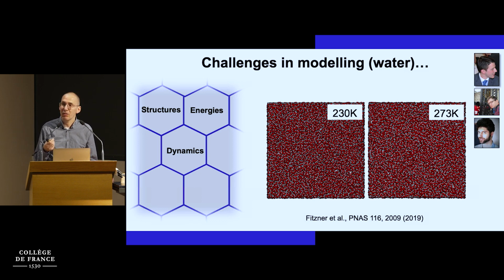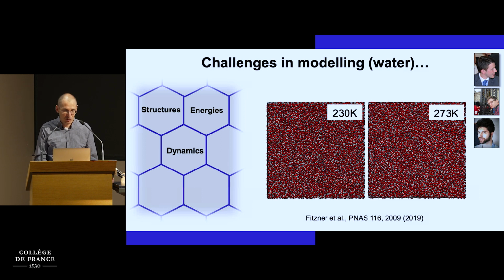One other aspect is simply in pure water. If you take liquid water and go into the supercooled regime, there is an interesting phenomenon that in the glass literature is known as dynamical heterogeneity.